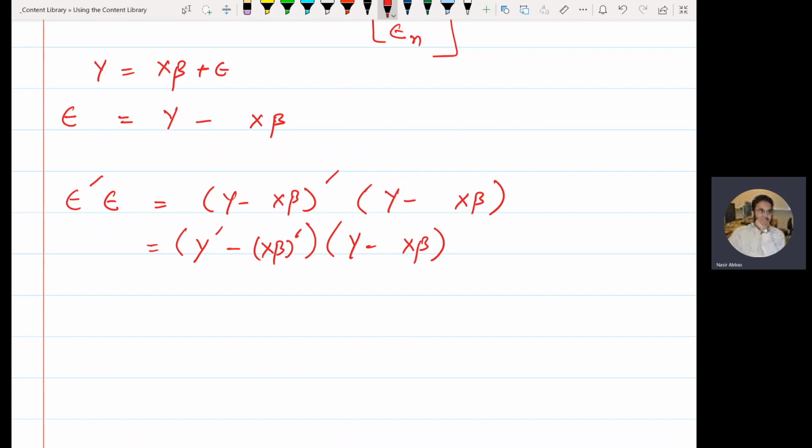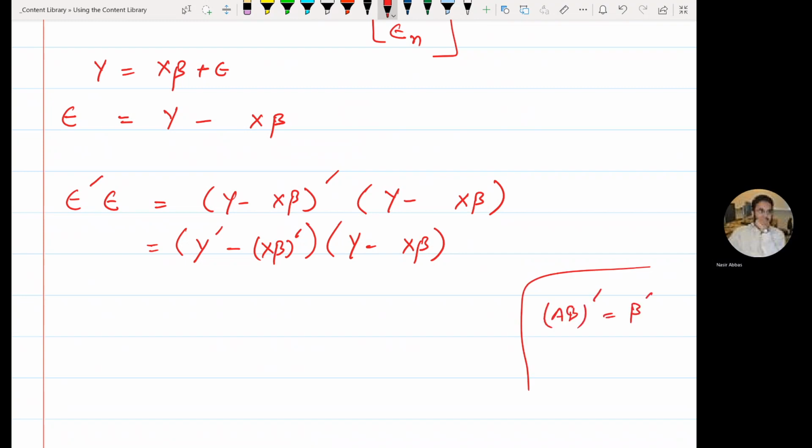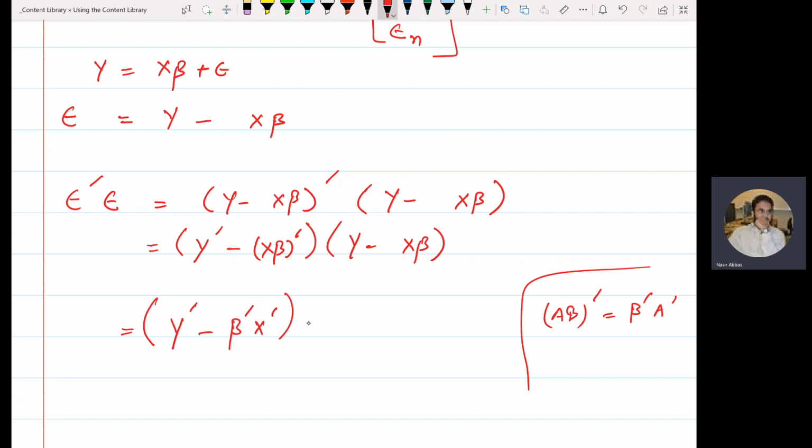A minus B whole transpose is A transpose minus B transpose. Clear? Now, what is A into B whole transpose? A B whole transpose is B transpose into A transpose. So when I apply the transpose on x beta, it will change the order. It will be beta transpose into x transpose.